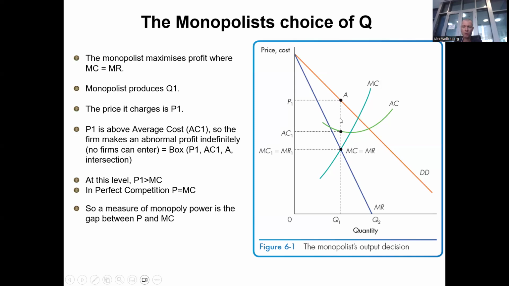If you look at point A and the distance to the average cost curve, this becomes the monopolist's profit. So basically a monopolist has no incentive to be efficient, to produce above its average cost. It can afford to produce below its average cost and make up for it by simply charging the higher price on the demand curve.